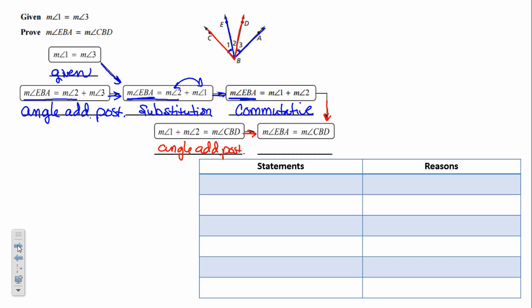Why? Transitive. Bingo. Perfect transitive, right? We have A equals B, B equals C, therefore A equals C. Okay.